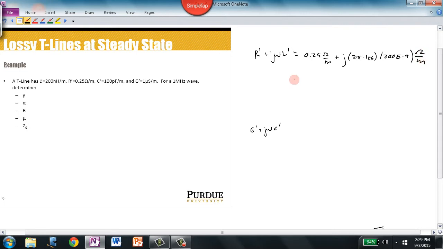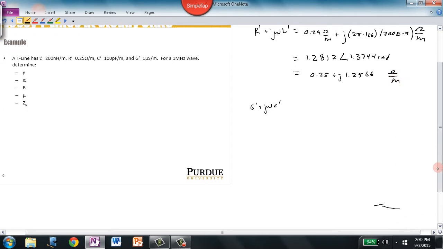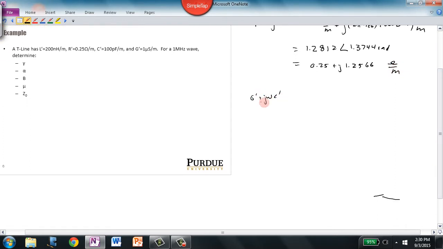And so that's going to give us a complex number, which is 1.2812 at an angle of 1.3744 radians, which if we were to write that in real plus imaginary format is 0.25 plus j 1.2566 ohms per meter.